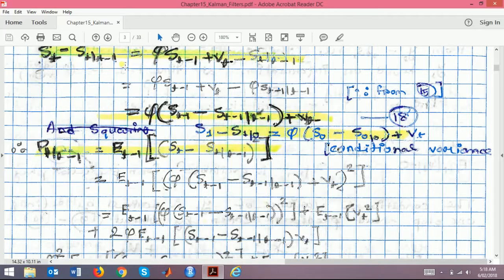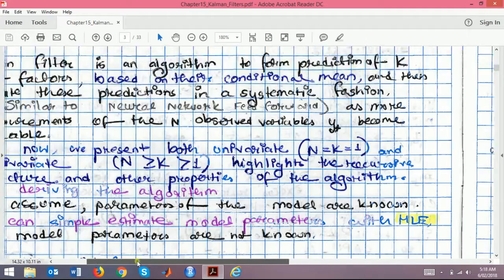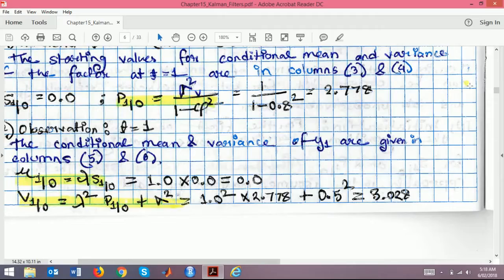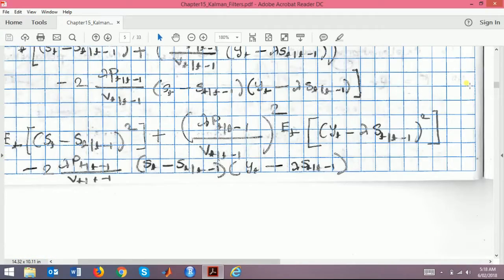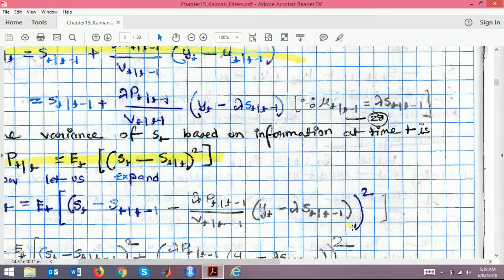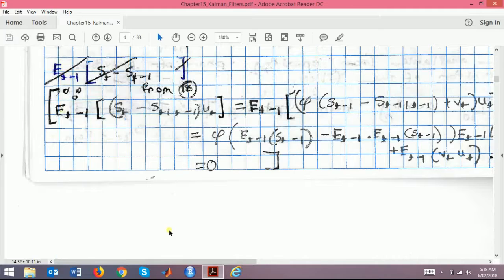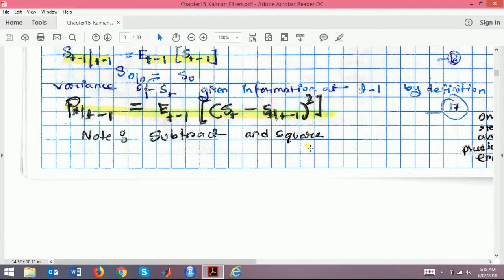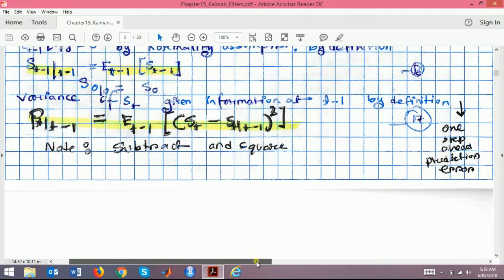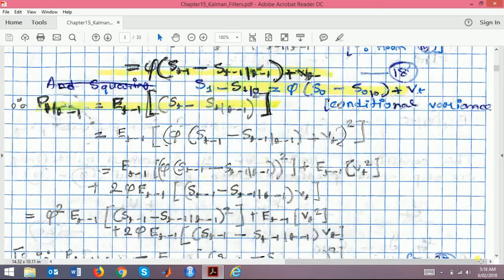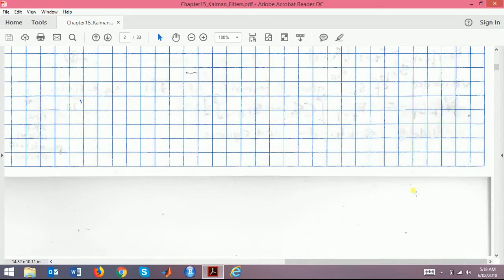And what is this difference? This is giving you the one step ahead prediction error, because this difference, if squared, gives you the variance of the latent factor model, right?